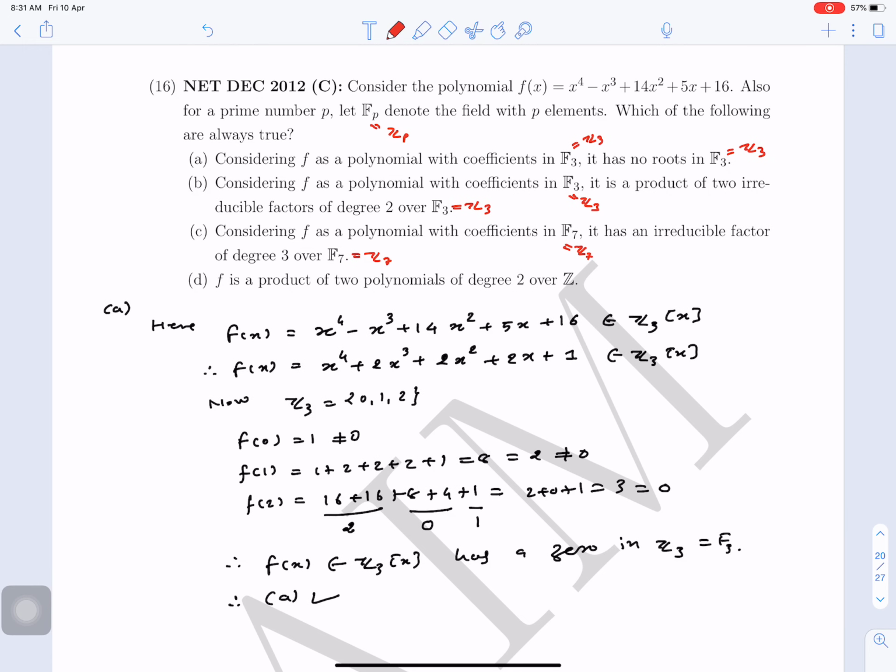So in option A they claim that there is a root in F3, so that is correct.